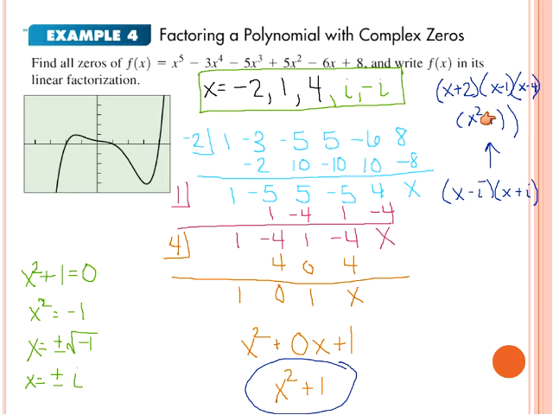Questions with how we solved for the resulting two zeros, so those complex zeros? I think that's going to be the hardest part of this lesson, is finding those complex zeros.